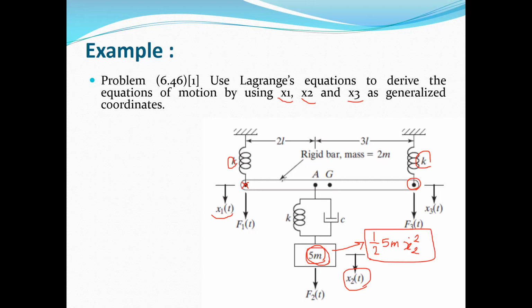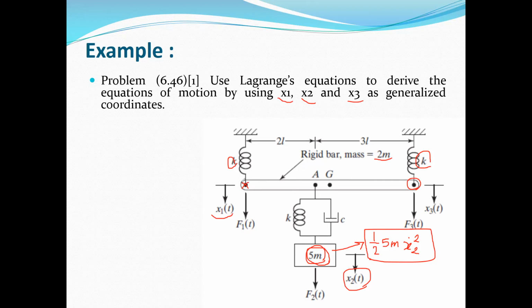But in addition to this mass, we have another mass 2m, which is this rod, and this is a rigid body. And this rigid body has a general motion. It means that at the same time it can rotate, and it will have translational motion.